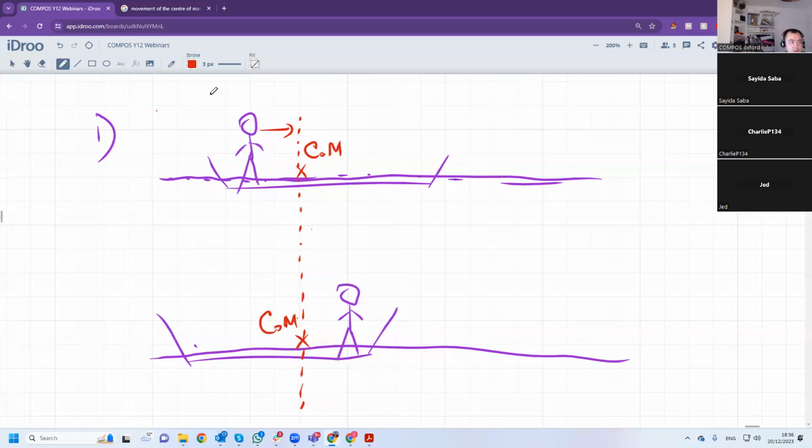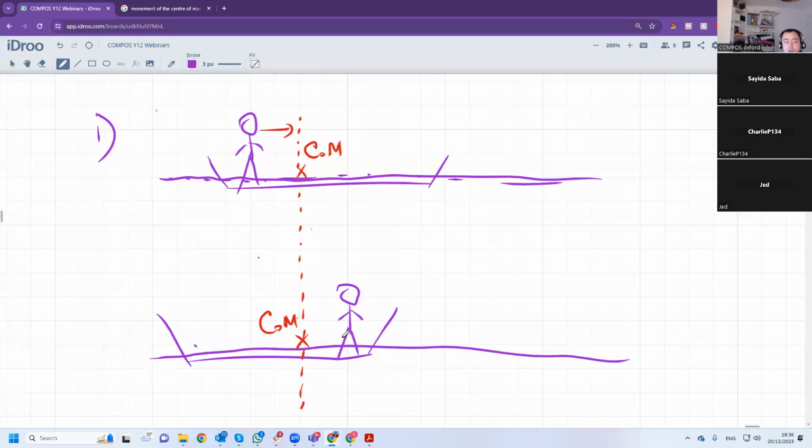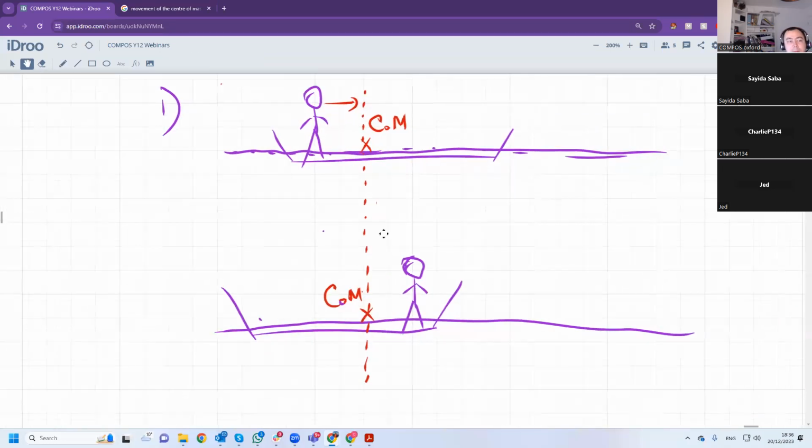If you know the mass of you and the mass of the boat, you can calculate how far the boat moves, actually. It's the principle of conservation of momentum as well. There's a lot of stuff going on.